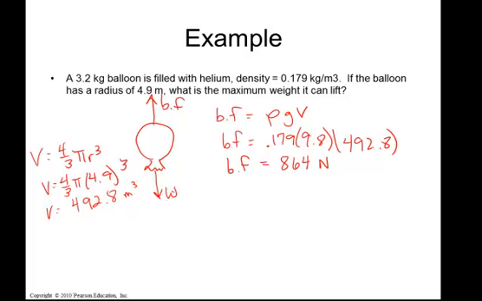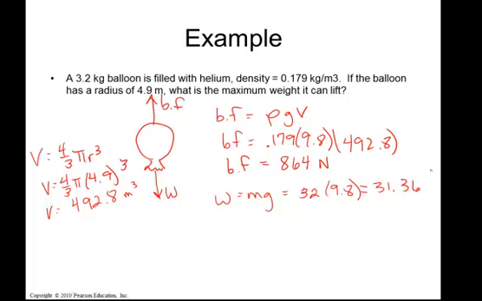Now, my weight is going to be the weight of the balloon, which is down. And my weight is going to be equal to m times g. So 3.2 times 9.8, which is going to be 31.36.